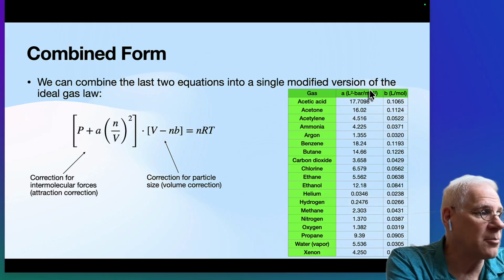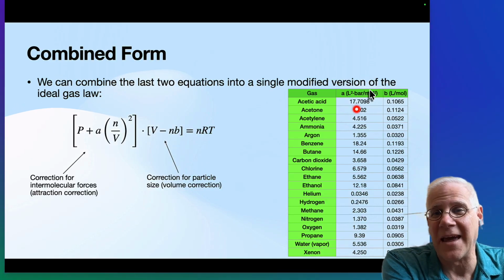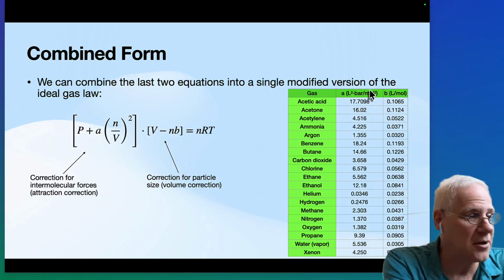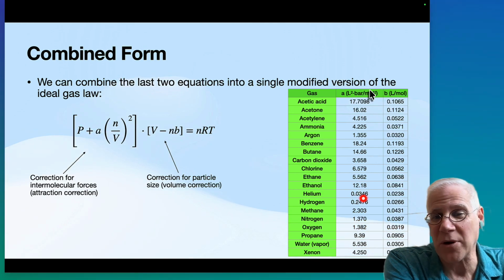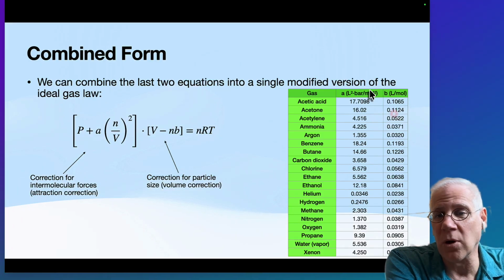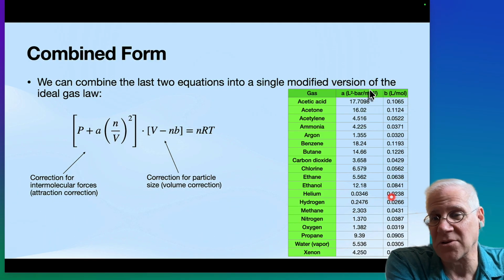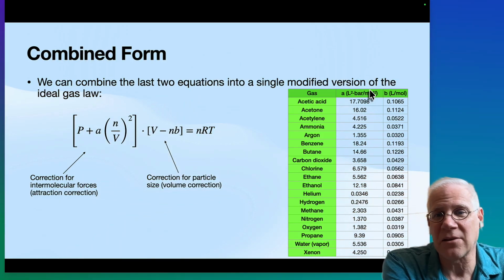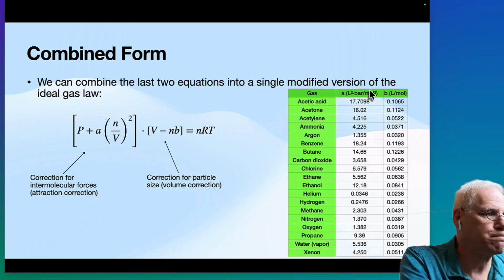And so here, something like acetic acid, we see the a value is 17.7, whereas for something like helium, it's just 0.03. So that's a huge factor difference. Whereas the difference in b is 0.1 down to 0.02 for helium. So even though they have a very large difference in size, it's not quite as large as that impact from the polarity.